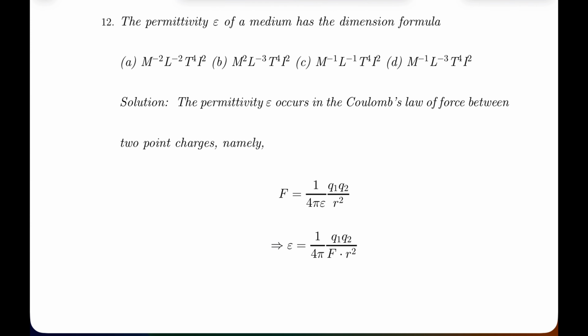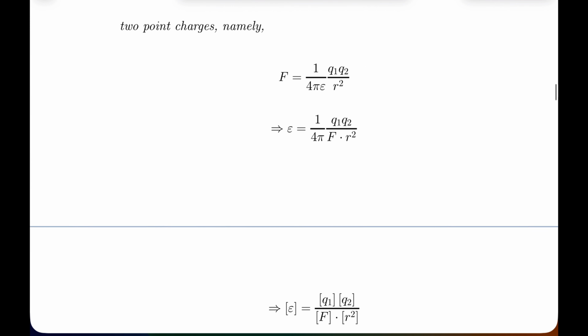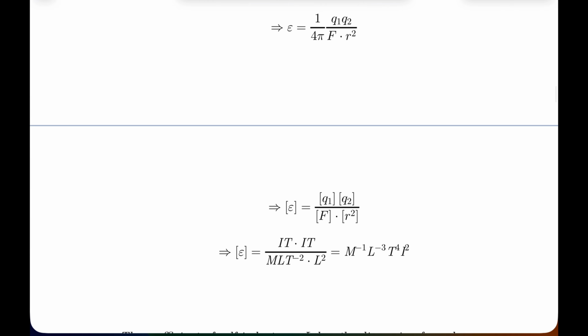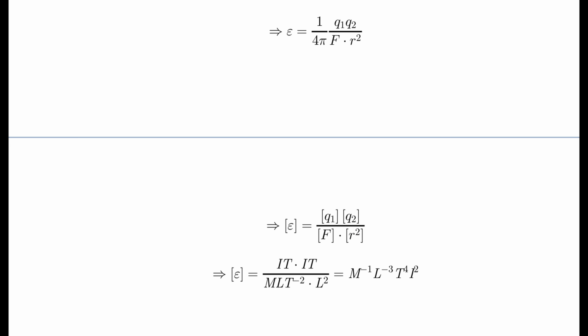And this gives you epsilon as 1 upon 4 pi Q1 Q2 upon F into R square. Now we put each quantity in square brackets as usual to indicate that we are interested in their dimensional formula. So this is that format. I have omitted 4 pi from here because 4 pi is a constant and it has no dimension.